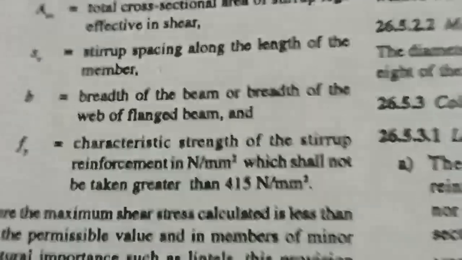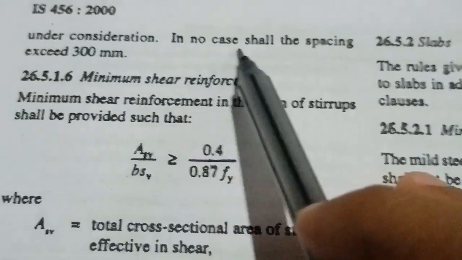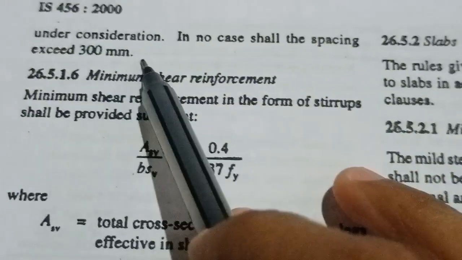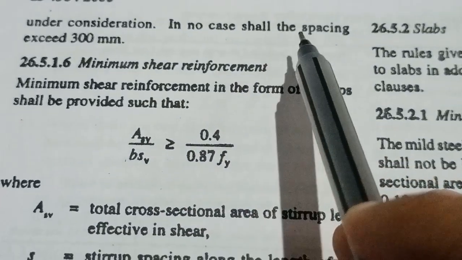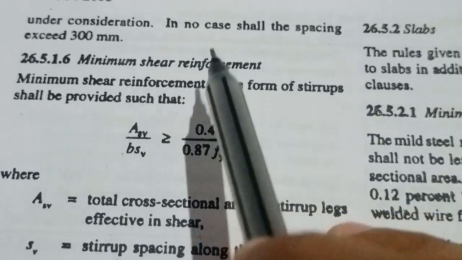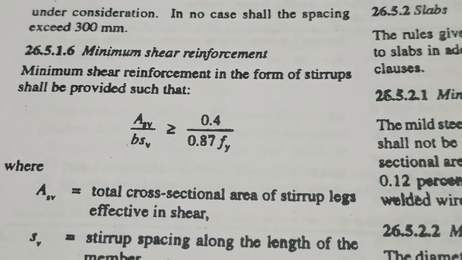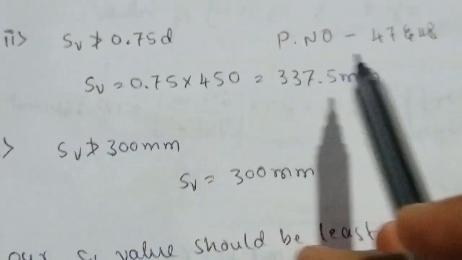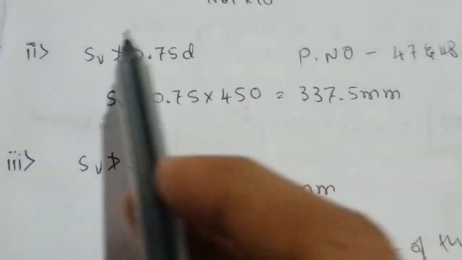And one more thing they have said: in no case shall the spacing exceed 300 mm. Our spacing of stirrup should not be greater than 300 mm. By using these two cases, we'll calculate the SV.